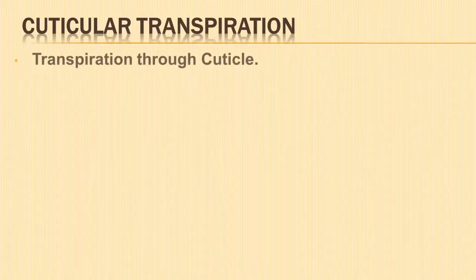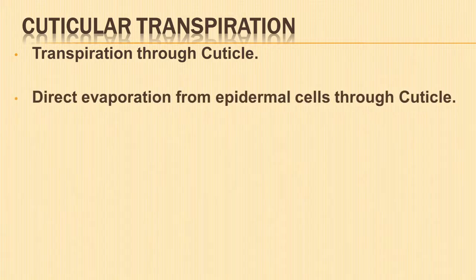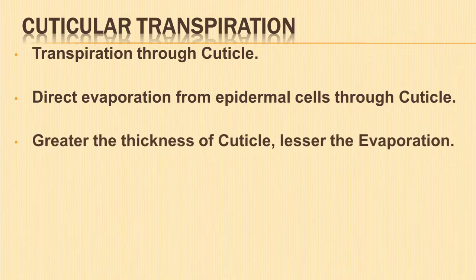In cuticular transpiration, loss of water from plants as vapor occurs through the cuticle. Cuticle is a layer of wax-like coating on the epidermis of leaves and stem. Transpiration is by direct evaporation from outer walls of epidermal cells through cuticle.